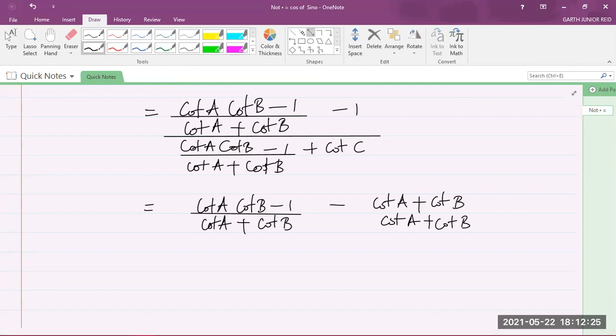Let's draw another line here, and I'm dividing all of that as well, so all of that is in the numerator.